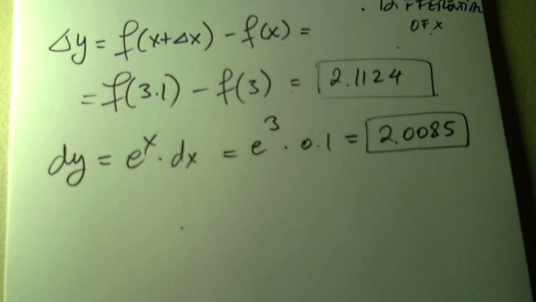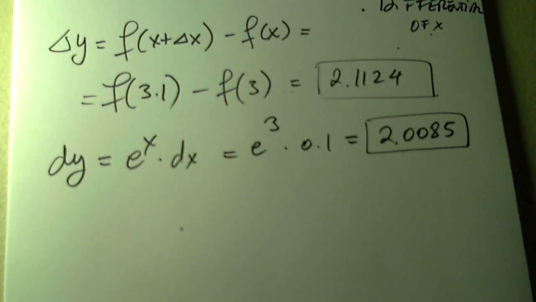Do we need to work on another problem? Do we need to choose another to illustrate how to determine delta y and dy? Can we do number 6?